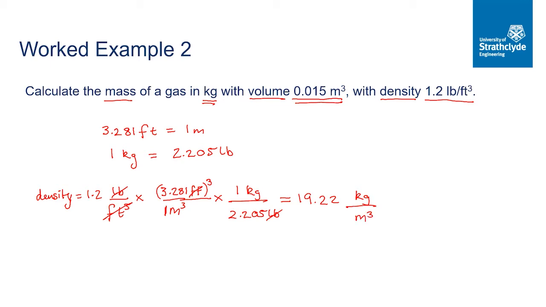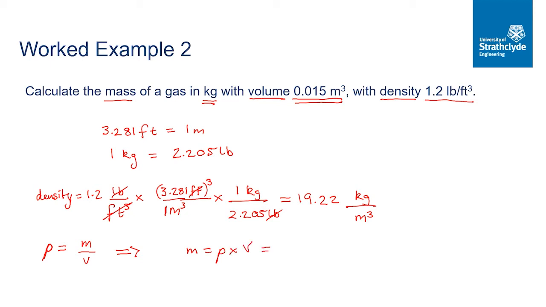Now we have a consistent unit for our density. What's left to do is calculate our mass. The equation that connects our mass to our volume with density is density equal to mass divided by volume. Rearranging for mass gives mass is equal to density multiplied by volume.